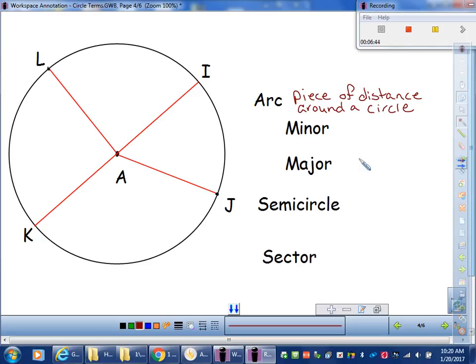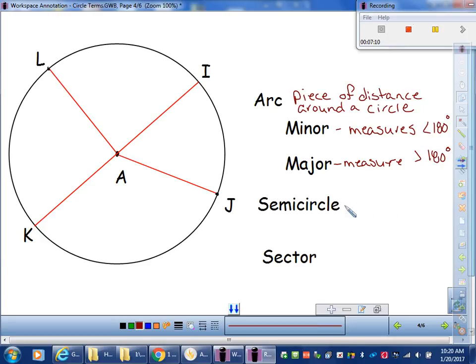When it comes to arcs, there are three major types of arcs. You have a minor arc, which measures less than 180 degrees. You have your major arcs, which measure more than 180 degrees.